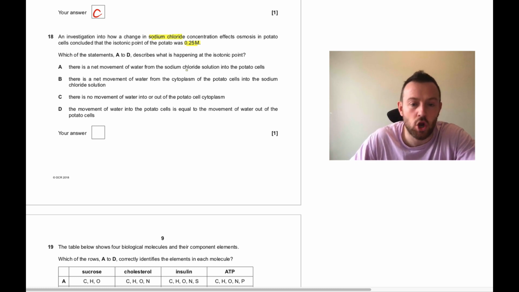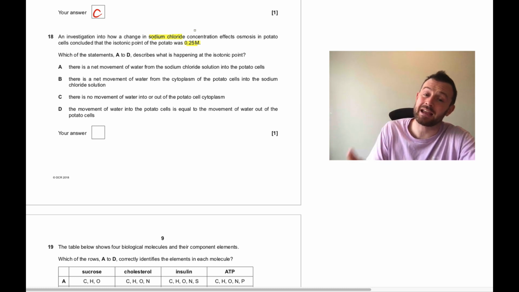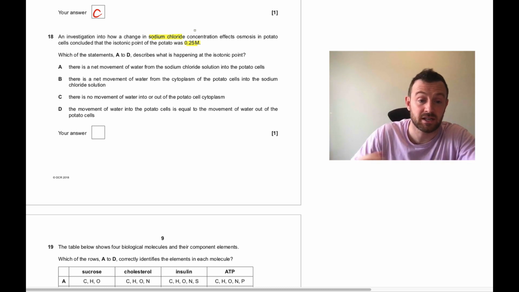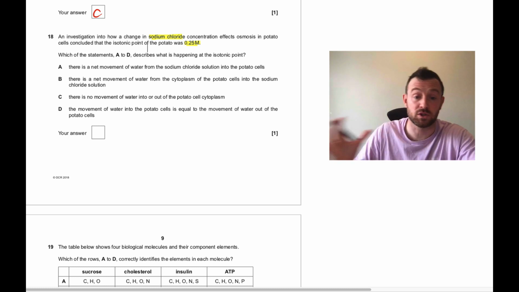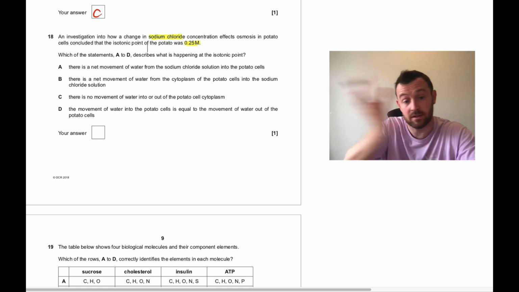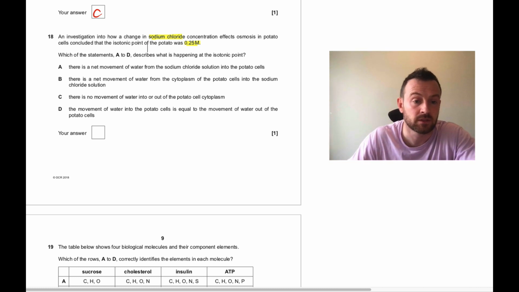And so the isotonic point is when the concentration of sodium chloride inside the potato cells is the same as the concentration outside the potato cells, in which case there would be no net movement of water between the cells and the external solution.